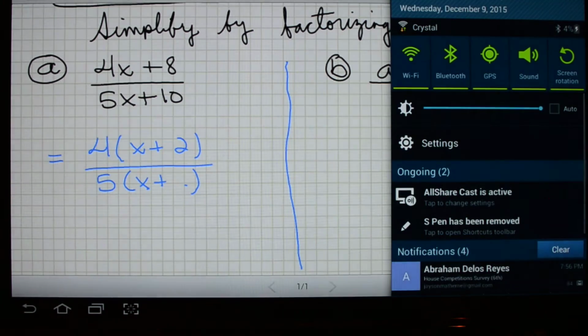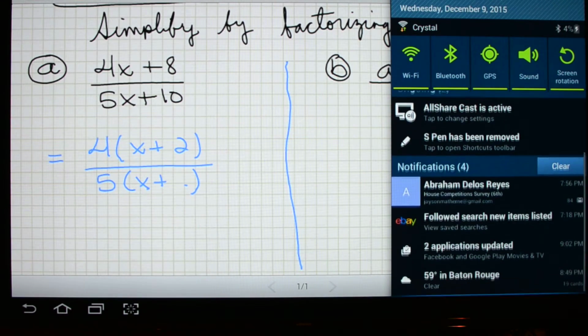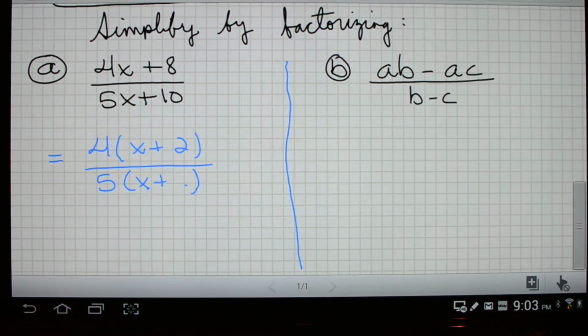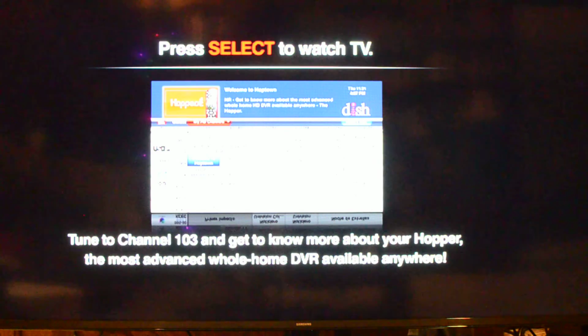Trying to stop some updating. It's not updating, so I don't know why it's restarting the screen cast. Sorry about that. I don't know why it's doing that.